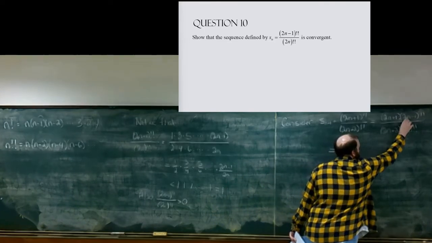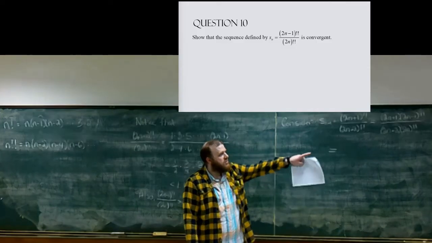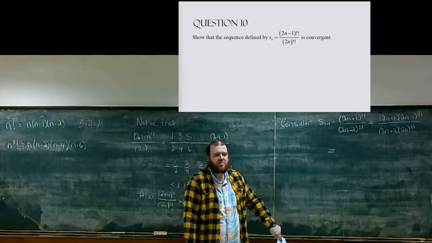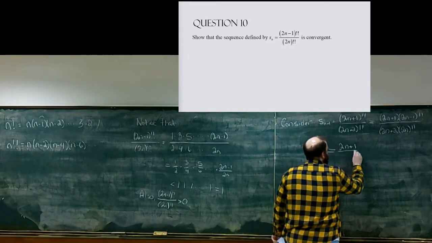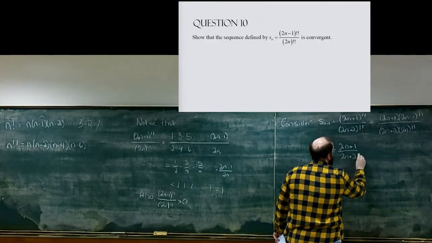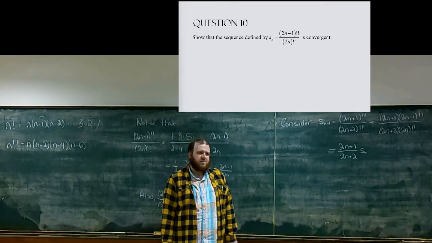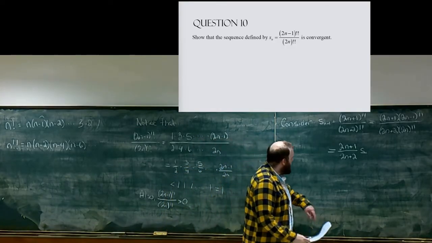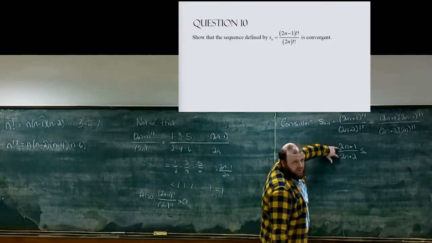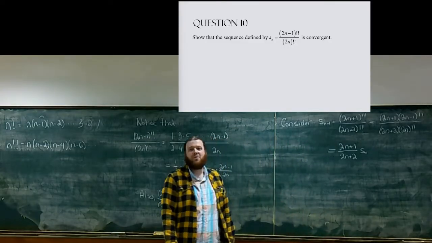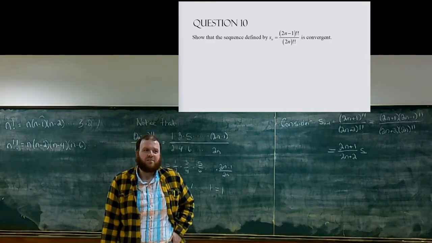But this term here, the 2n minus 1 double factorial over 2n double factorial, isn't that s sub n? But this value here, 2n plus 1 over 2n plus 2, is that not smaller than 1?